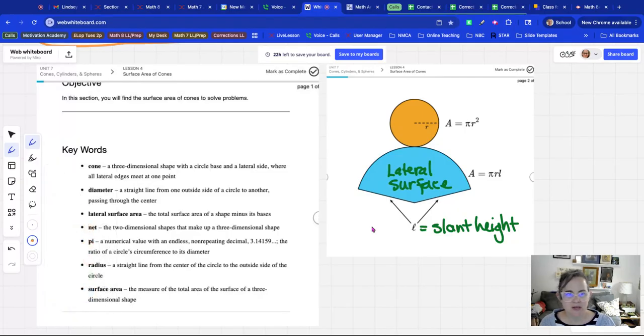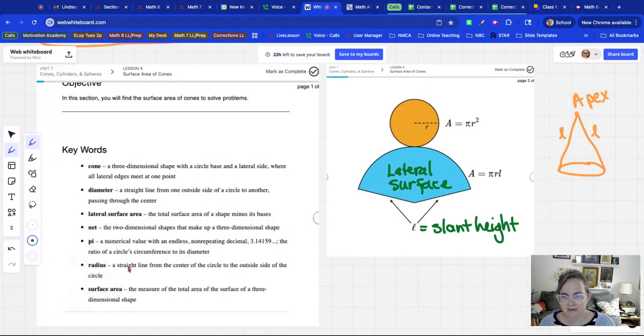So the cone is going to have a circular base, it's going to have an apex, okay, and then the L is this slanting height here on both sides, okay?